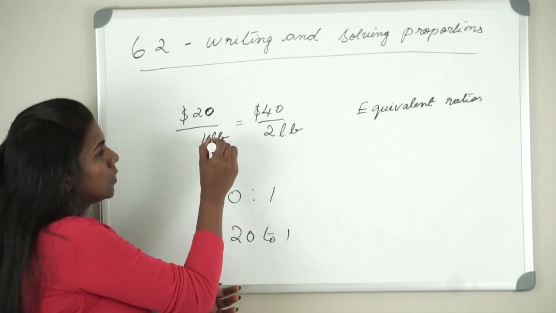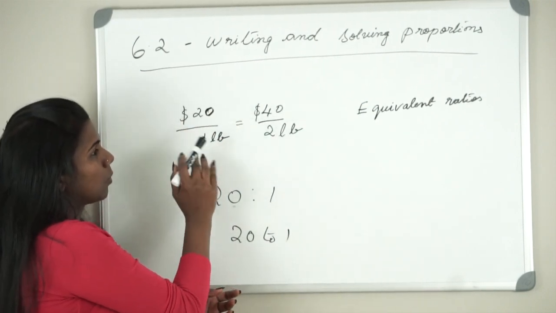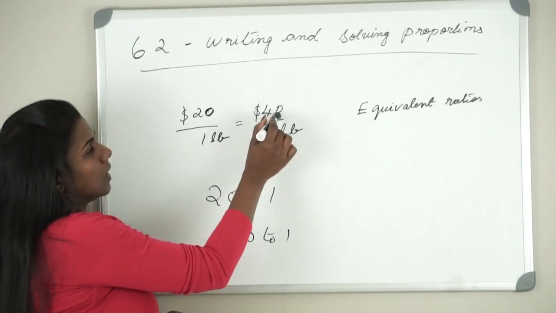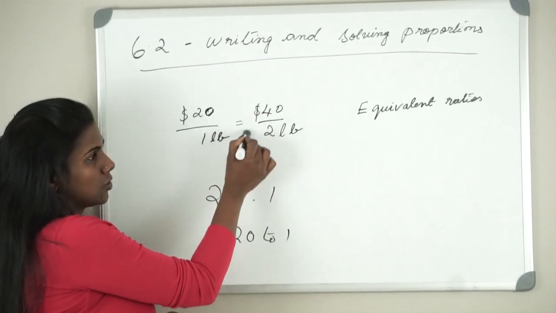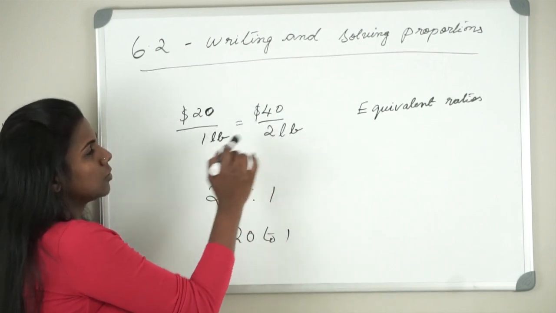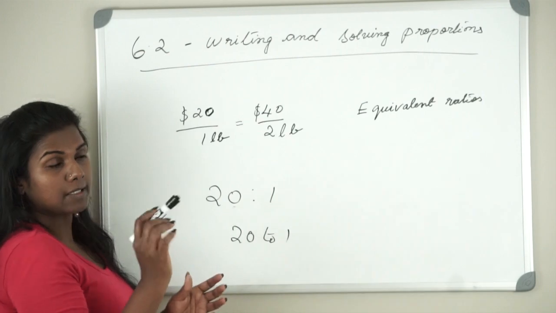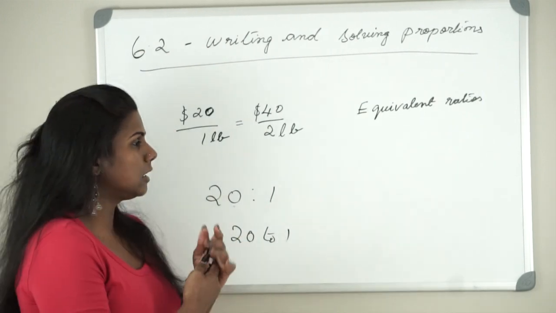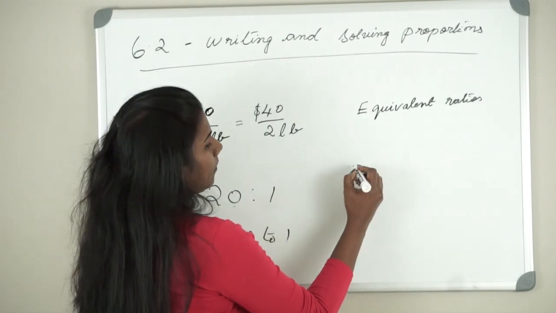So if two ratios, this is 20 over 1, that is $20 for 1 pound of sugar, is equal to, or is proportional to, $40 over 2 pounds. Is it proportional? Let's see. We know about equivalent fractions, right? What are equivalent fractions?